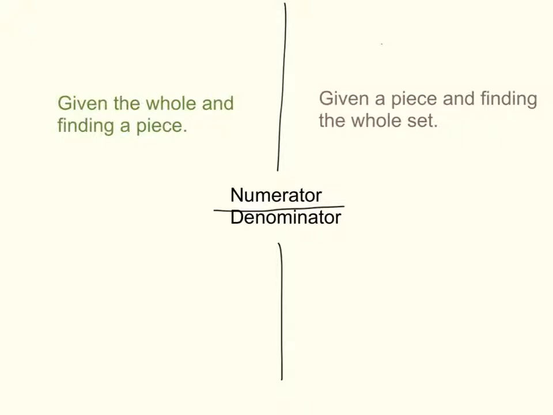The numerator always represents the piece of the set, and the denominator always represents the whole or total of the set. And as long as we keep this in mind, it will really help us solve these problems and use the numerator and denominator effectively.